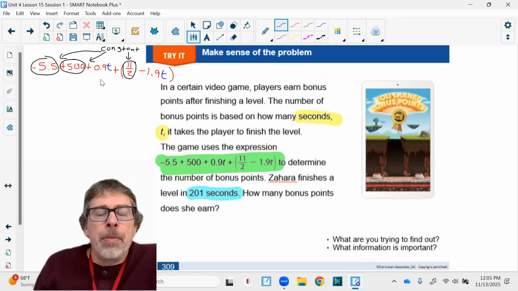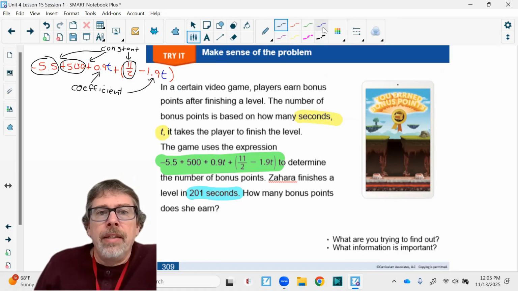And I'm going to go over all the vocabulary now. A number that's being multiplied by a variable, or the number in front of the variable, is called a coefficient. So this is a coefficient, and so is 1.9. And then the t's are variables.